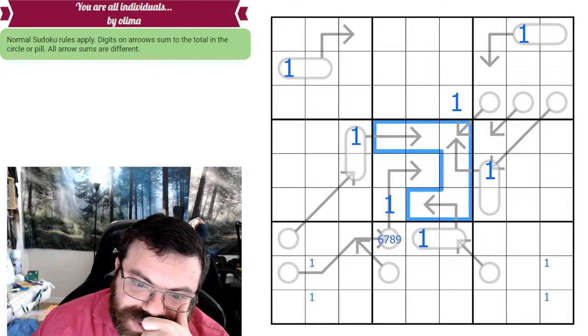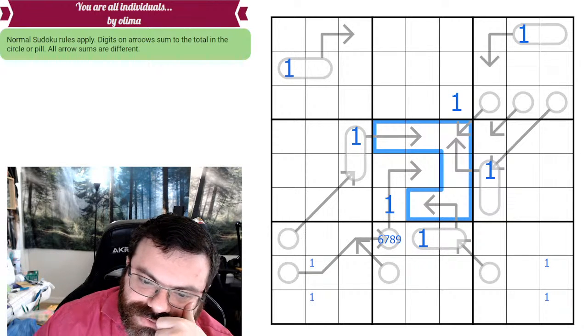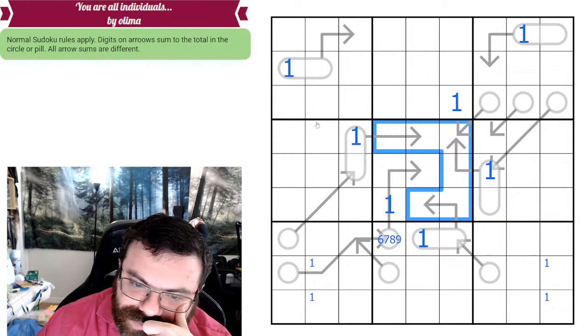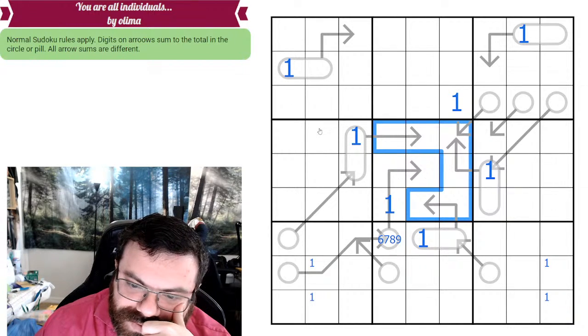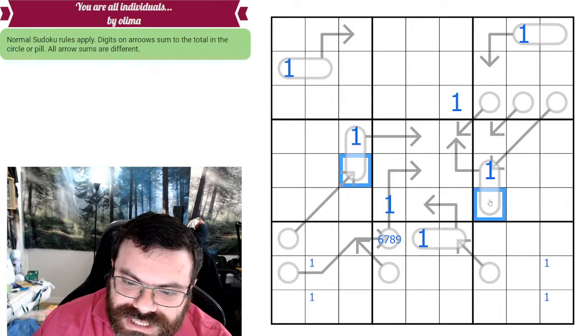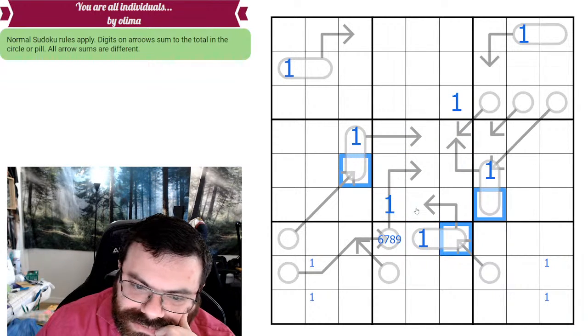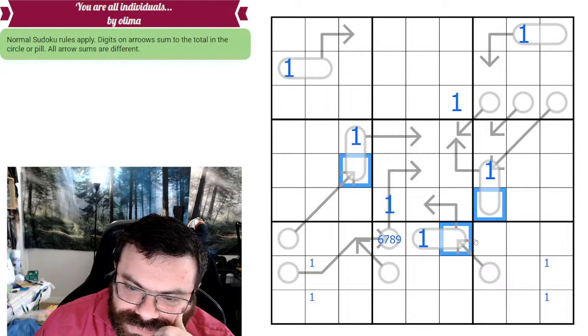Let's see, these 6 digits at maximum add to, let's see, 9, 8, 7, 6, 5, 4. So 4, 5, 6, 7, 8, 9 is 39. So these 3 add to at most 9. And they can't contain a 1.